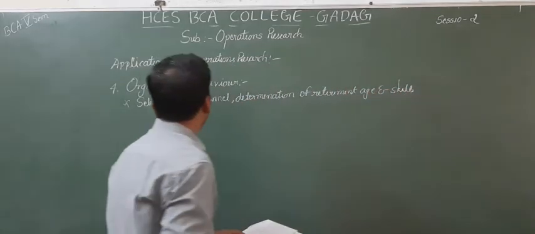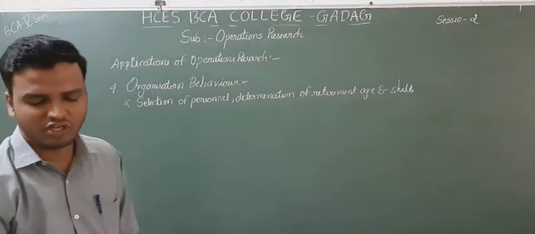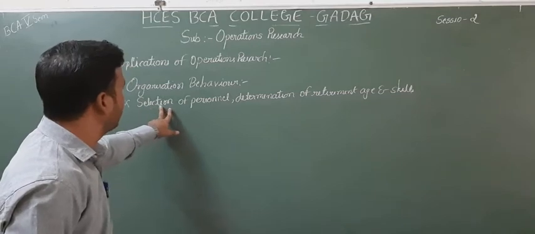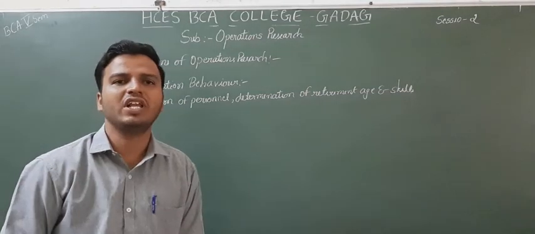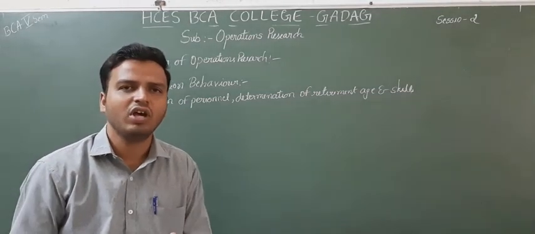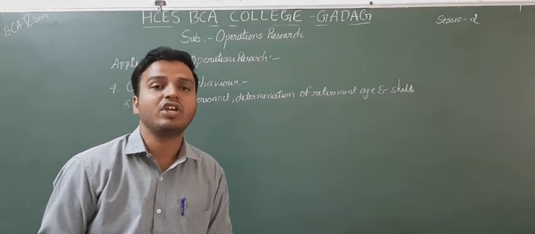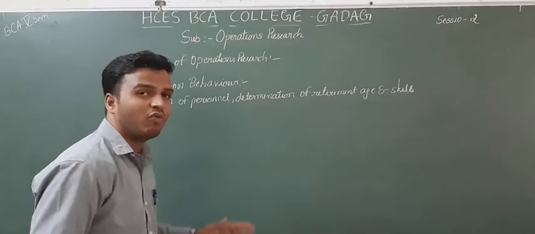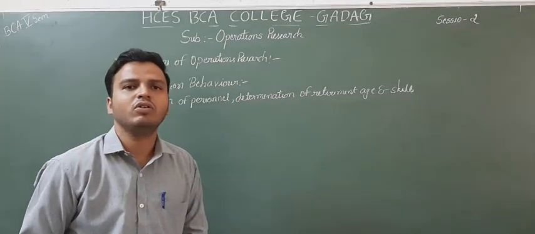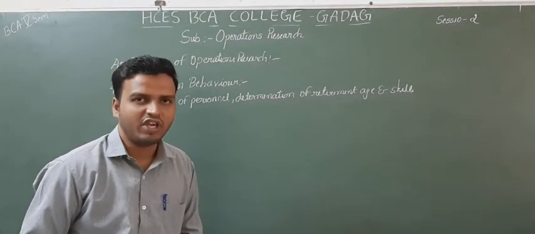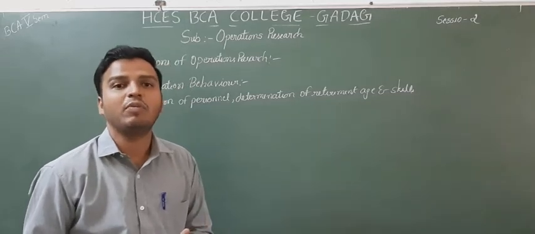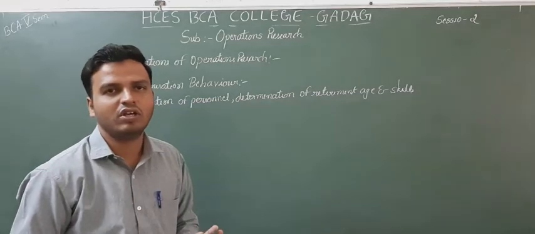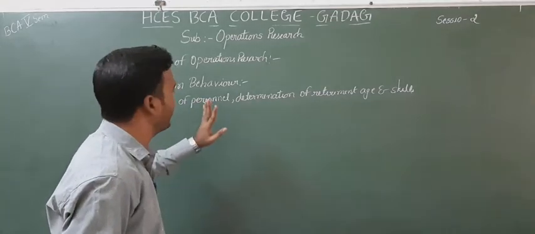In organization behavior or personnel management, the first thing we are going to discuss is selection of personnel. Here, selection of personnel is nothing but selection of employees or recruiting of employees. We have to select the workers according to our work. Whatever the availability of work is there, on that basis we have to select or recruit for those positions.